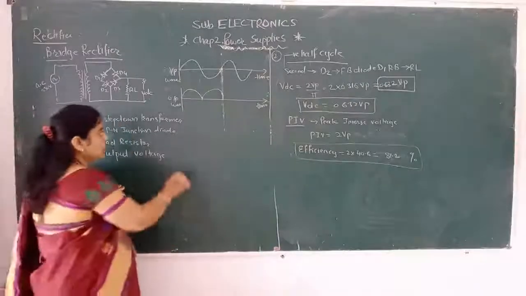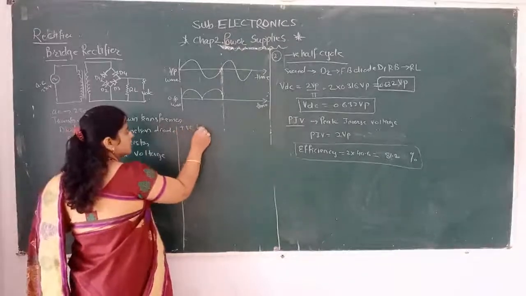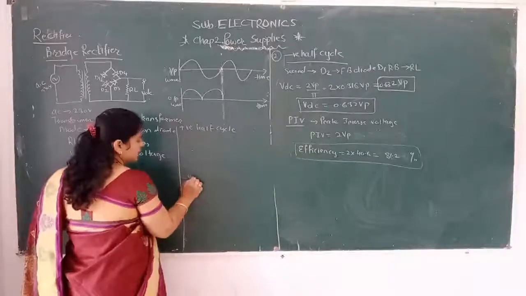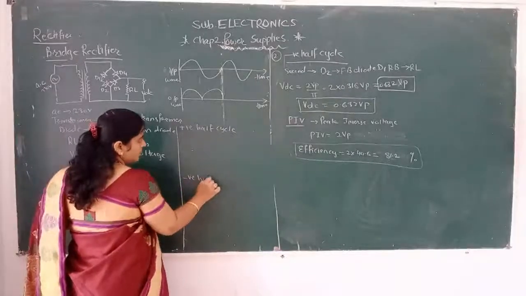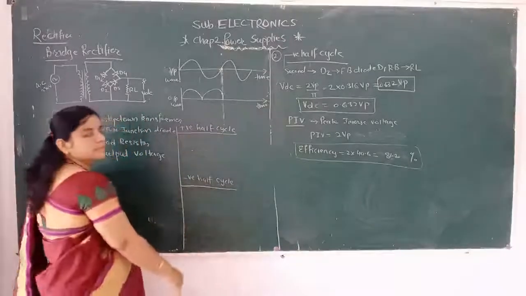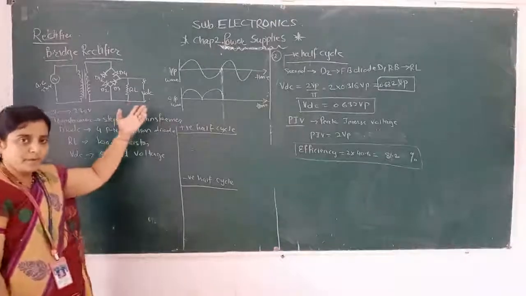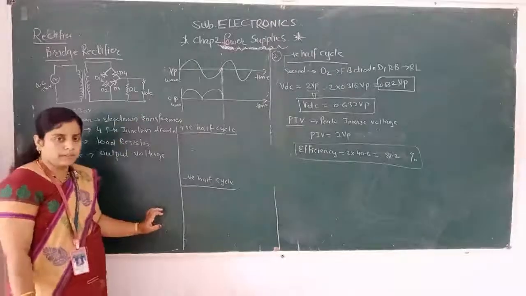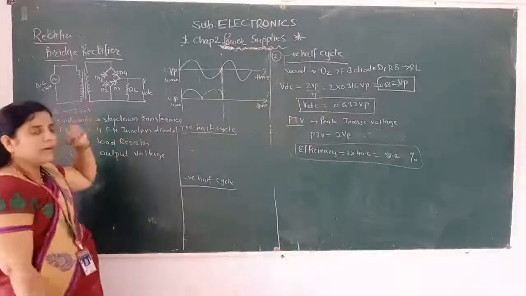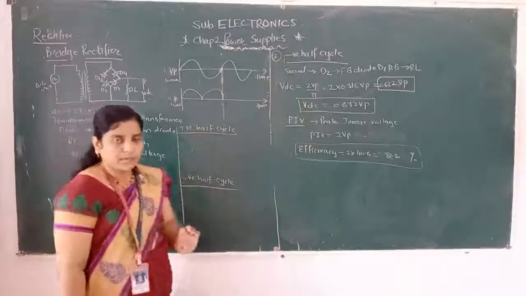So this also has 2 cycles, positive half cycle and negative half cycle. Can you guess what will happen in the positive half cycle? In the full wave rectifier, diode D1 will be forward biased and at that time D2 will be reverse biased. Here there are 4 diodes, whereas there were 2 diodes there.